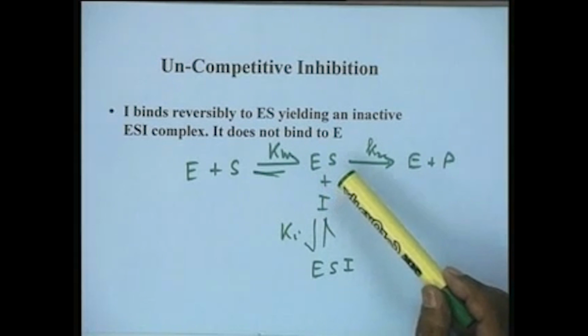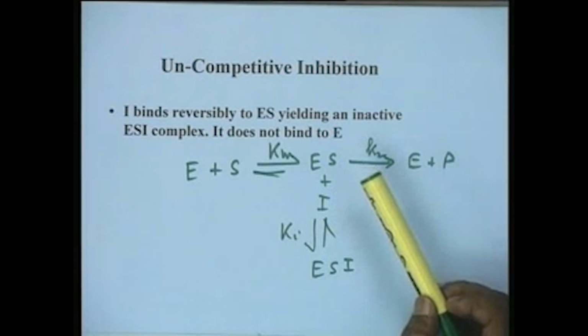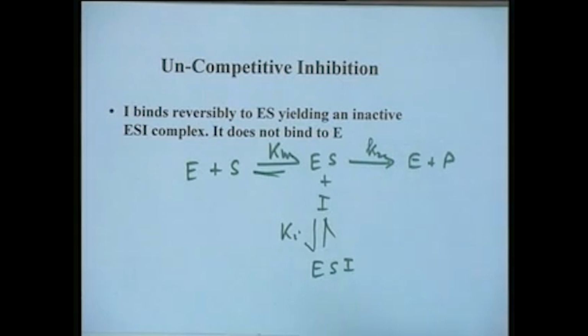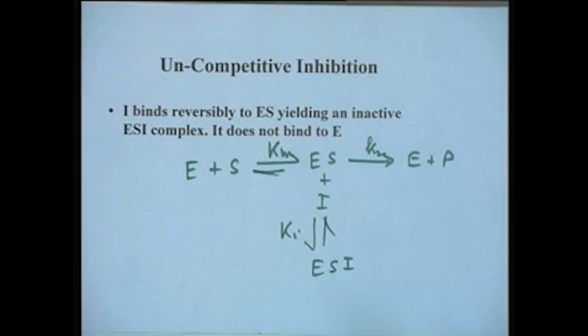So, in cases only where there is an ordered sequence of binding of the ligands, only then is uncompetitive inhibition feasible. In cases where the binding is random, that means the inhibitor and substrate can bind randomly without any sequence, the mechanism of uncompetitive inhibition is very rare.